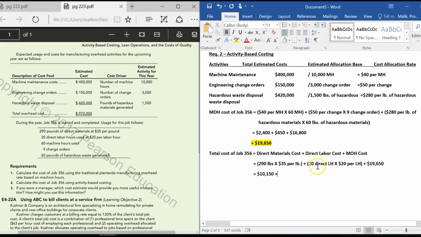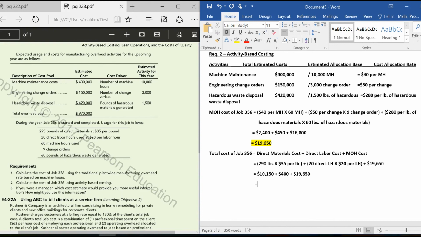Direct labor is very simple, 20 times 20, so direct labor cost is 400, plus our overhead cost, which is 19,650.